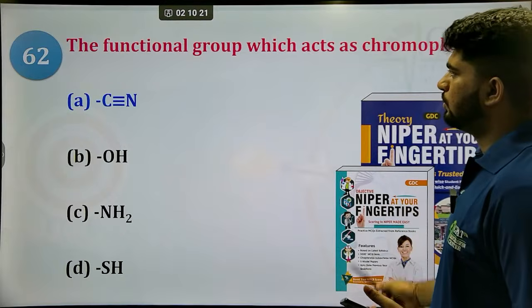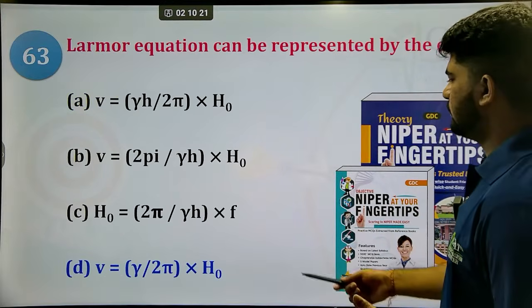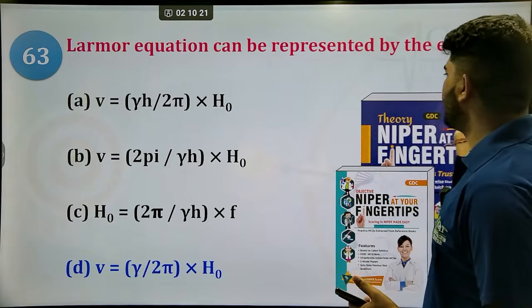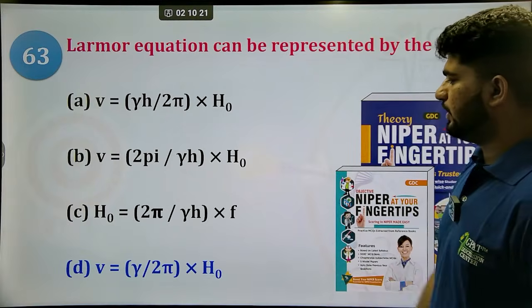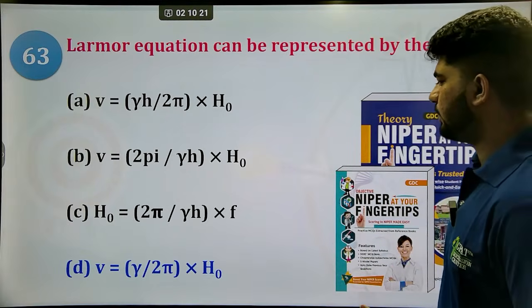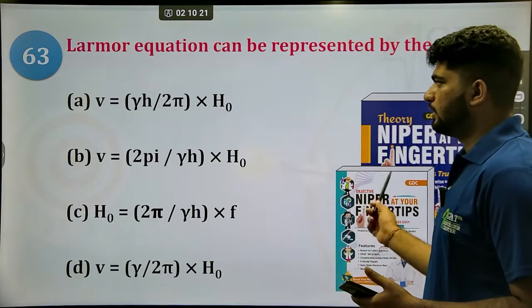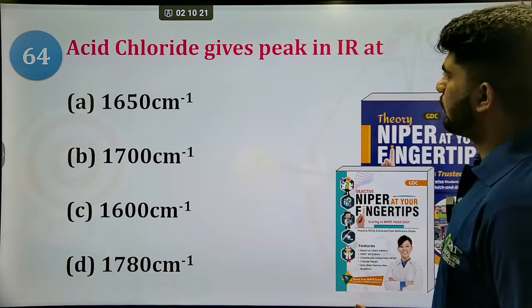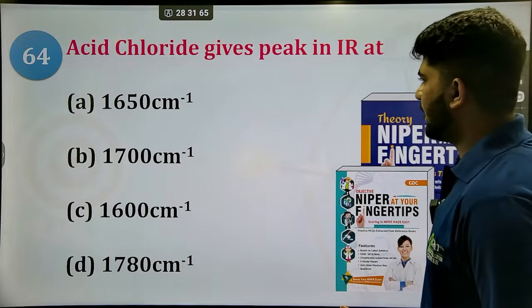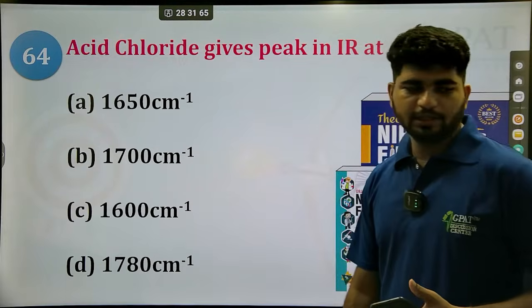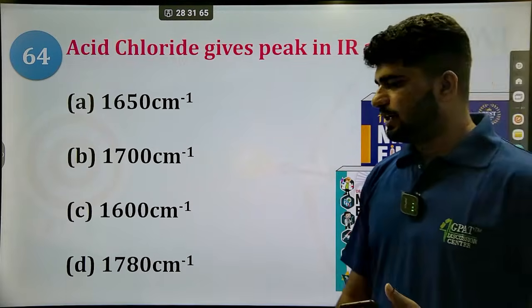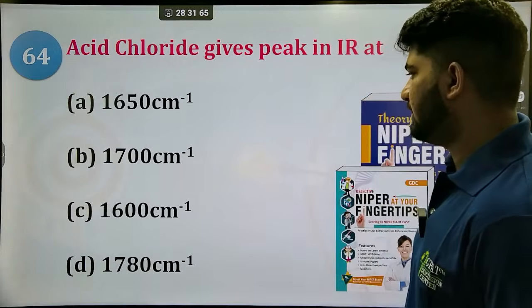That is your cyano group over here. Larmor equation can be represented by the equation dV is equal to gamma upon 2 pi into H naught.